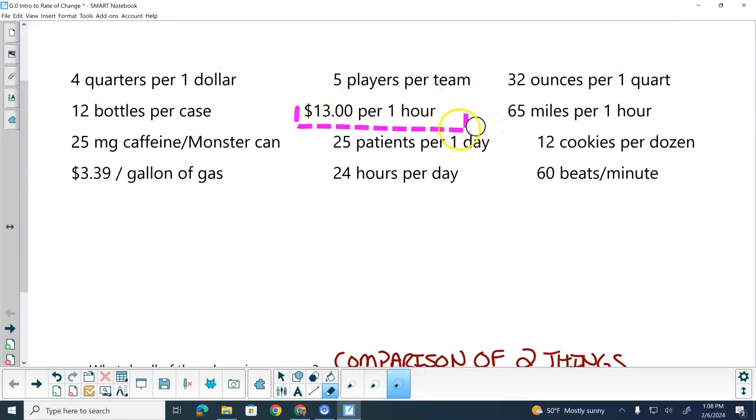What are we comparing in this first one? Quarters to dollars, right? Second one, players to teams. Third one, ounces to quarts. Bottles to case. Dollars to an hour. Miles per hour is that one, so miles to hours. Caffeine to cans of Monster.